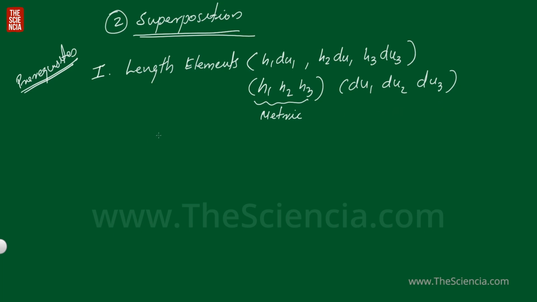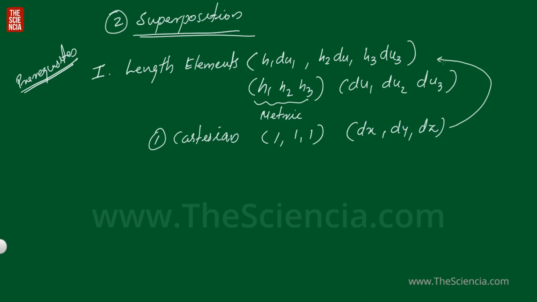Now first I am considering the Cartesian coordinate system. In the Cartesian coordinate system, what are the values of h1, h2 and h3? These will be 1, 1, 1. And du1, du2, du3 will be dx, dy and dz. Then what will be the length element?